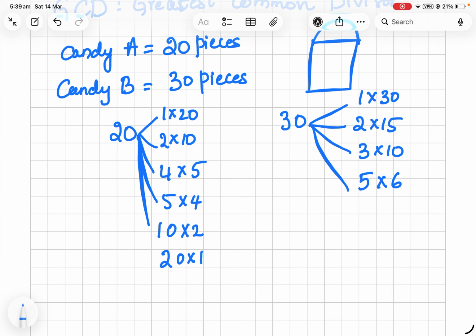Then you can have 6 times 5, 10 times 3, 15 times 2, and 30 times 1. So these are all the list of factors for 20 and 30.